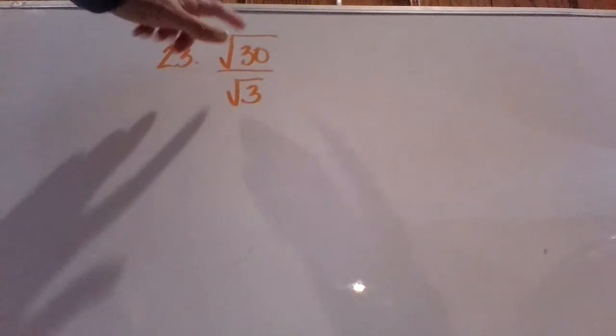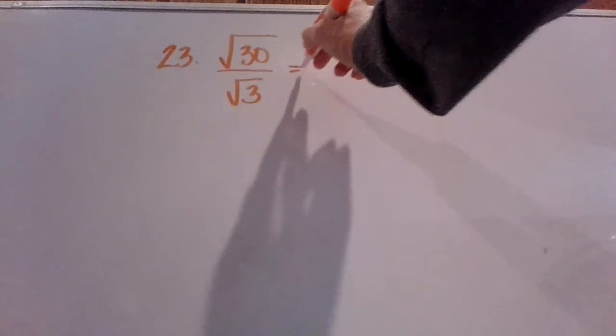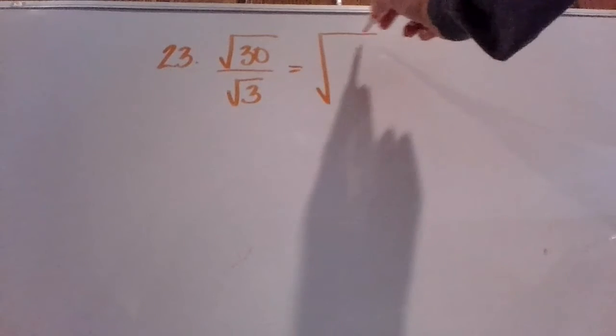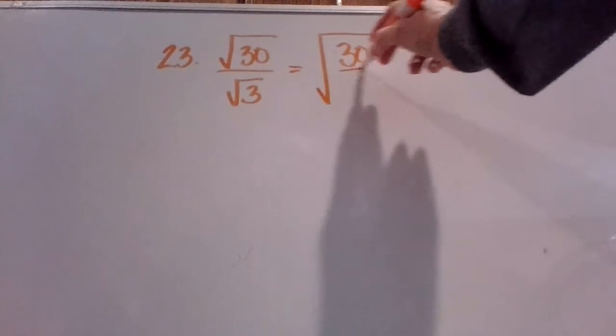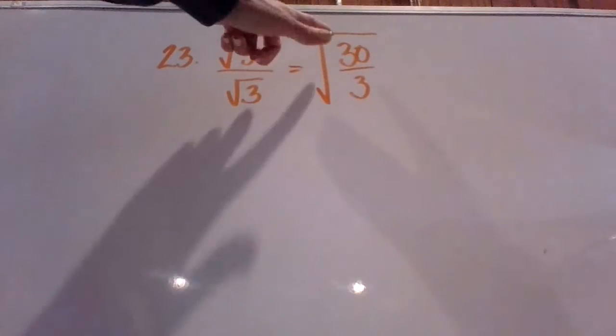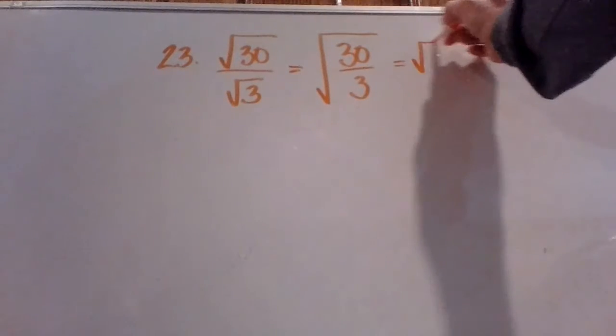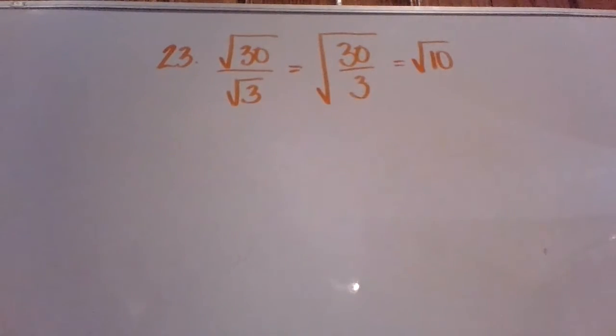So 30 isn't a perfect square, and 3 isn't a perfect square. But I can simplify this down. I can make it look like this and put it all underneath under a big one, like a fraction. Well, when I do that, it can simplify, because 30 divided by 3 is 10. So I can write the square root of 10 as my answer. Now, can 10 break down anymore? No, it's 5 times 2. There's no perfect square that goes into it, so that is our answer.